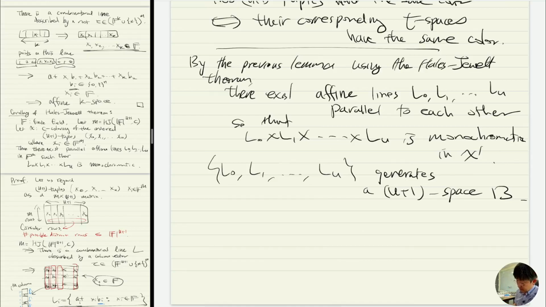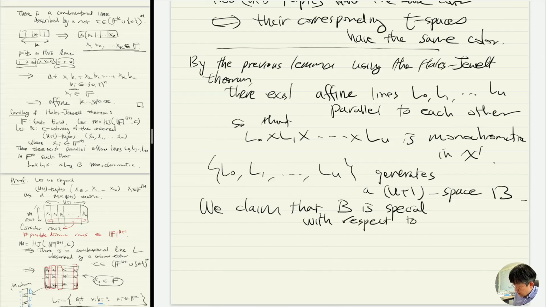All right. Now, we claim that B is special with respect to chi and P. So in order to say why it's special, I need to say that the color of a transversal is determined by its projection.